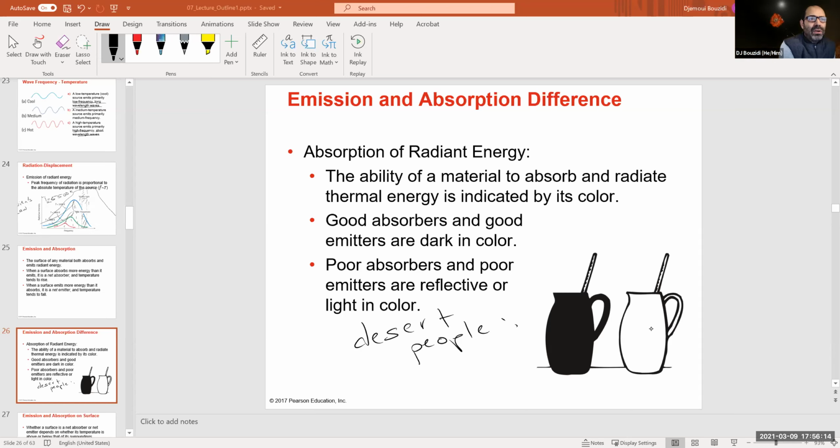Black will absorb all the heat from the desert and they will feel warmer. Is it black clothes or white clothes? Oh, it's the white ones because they don't absorb heat very well. They're more reflective. Yeah, that's white.